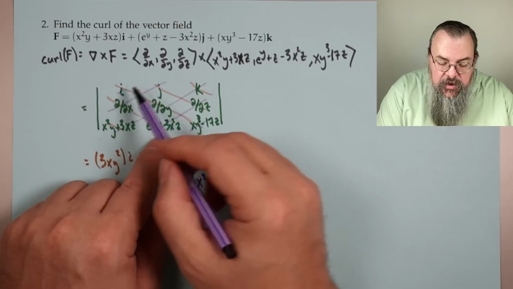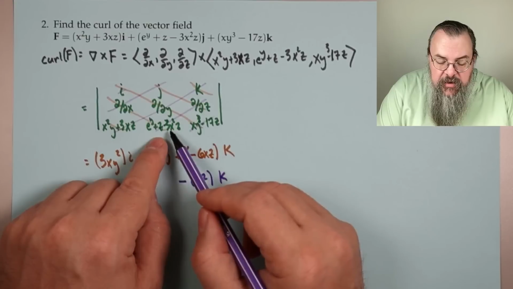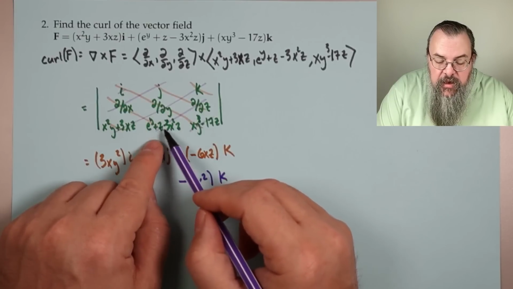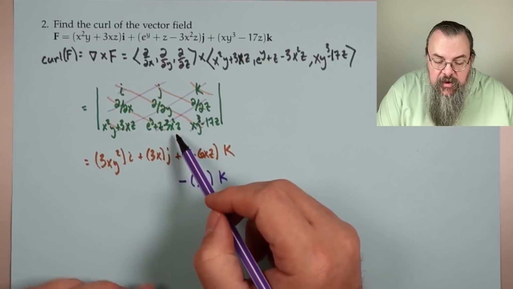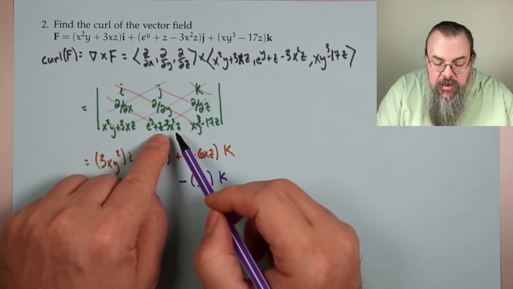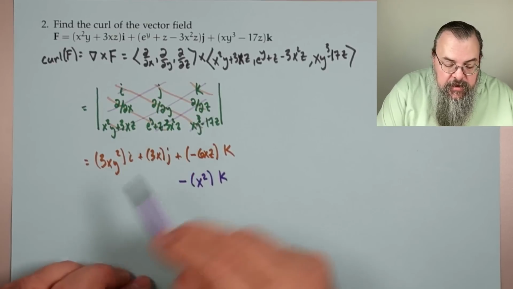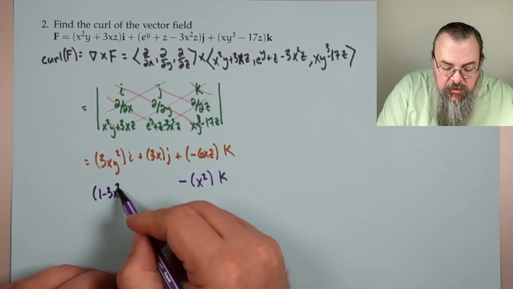Okay, so next term, we're going to have the i direction. Take the derivative with respect to z of e to the y plus z minus 3x squared z. So y and x are constants. So what do we have? Well, we have a 1 minus 3x squared.